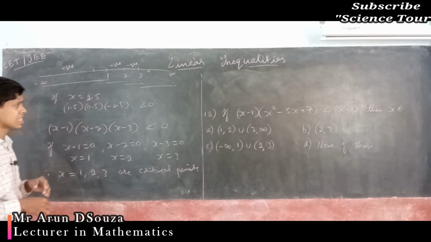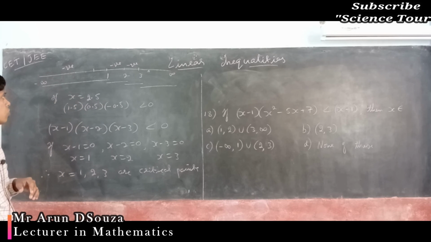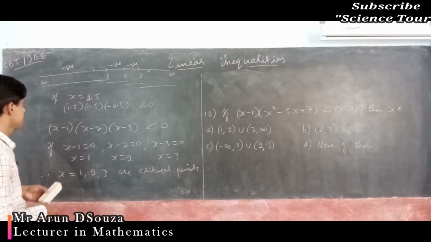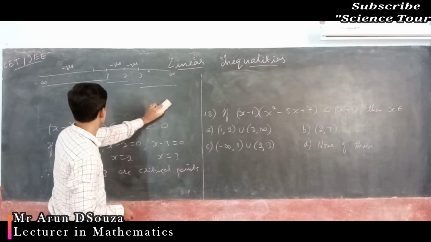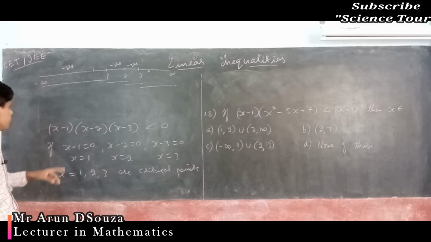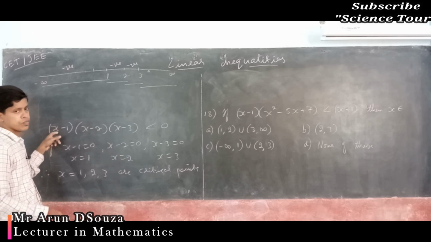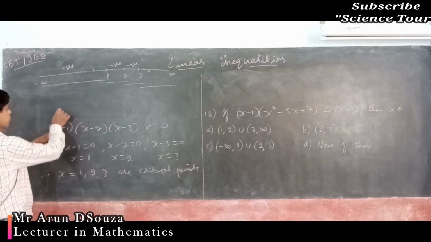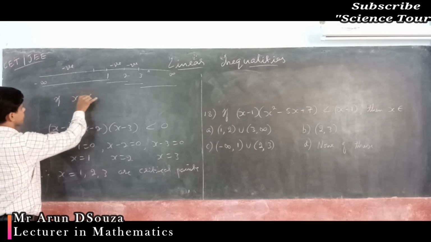Well, now let's go to the last one, 3 to infinity. So what happens in 3 to infinity? If you put any value, say 4, this is positive, correct?